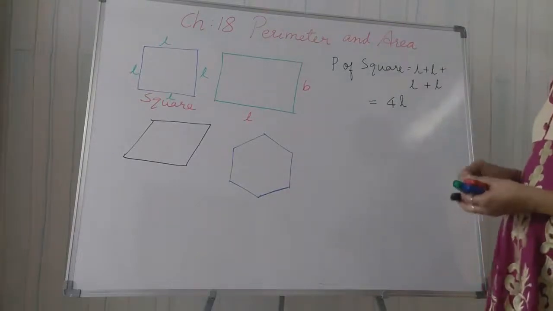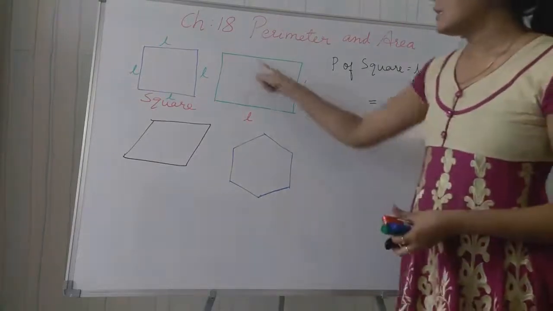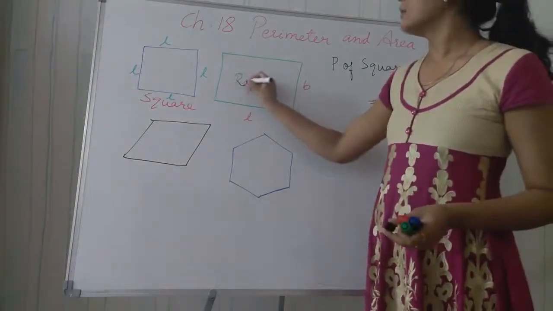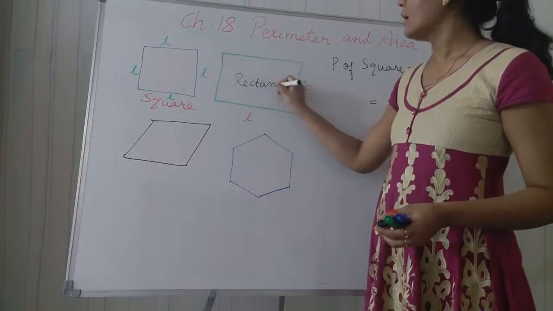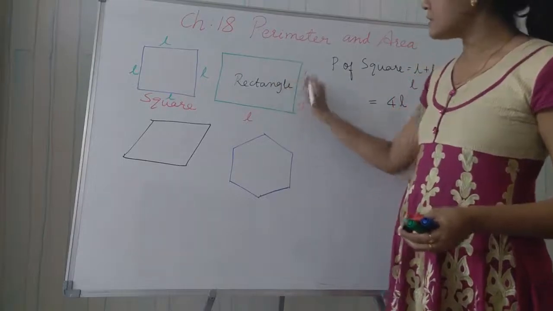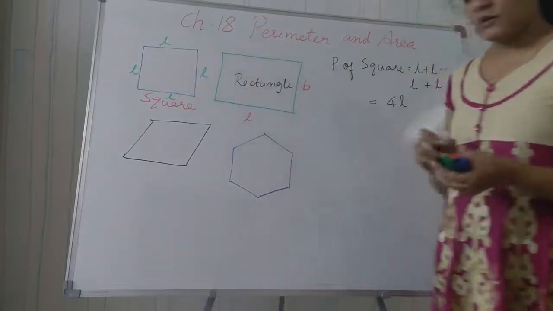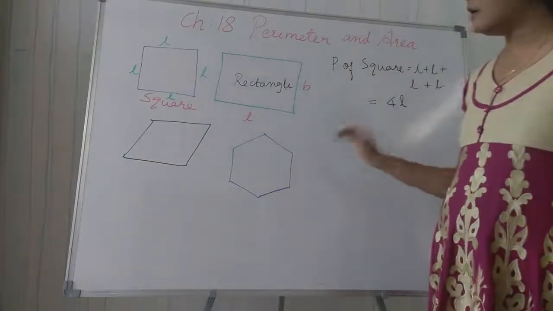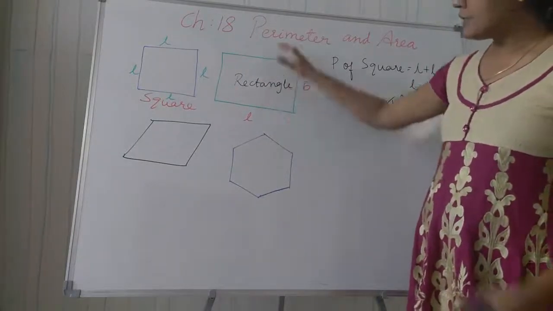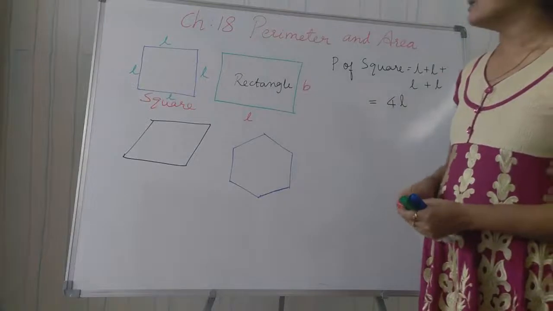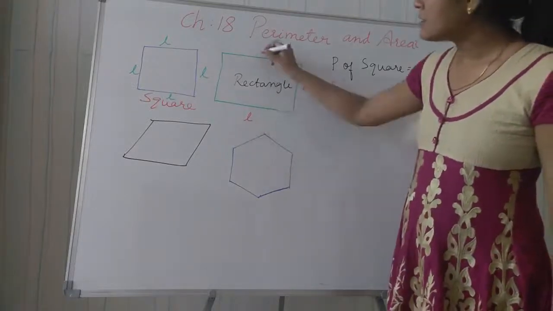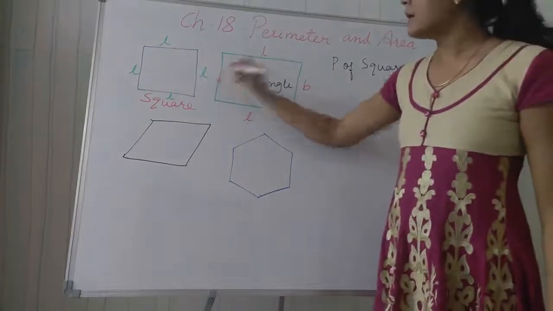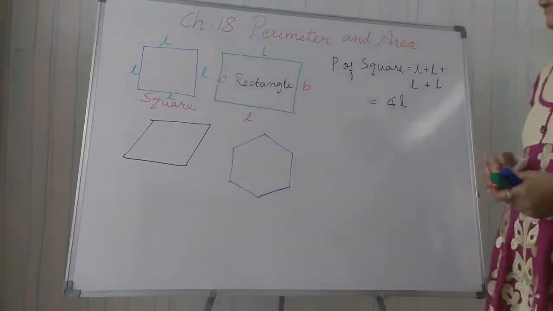Similarly, as I explained, this is the rectangle shape, in which this is the boundary line. There are 4 sides of the rectangle and the opposite sides are equal. Suppose this is L, so this is also L. If this is B, this side is also B, breadth.